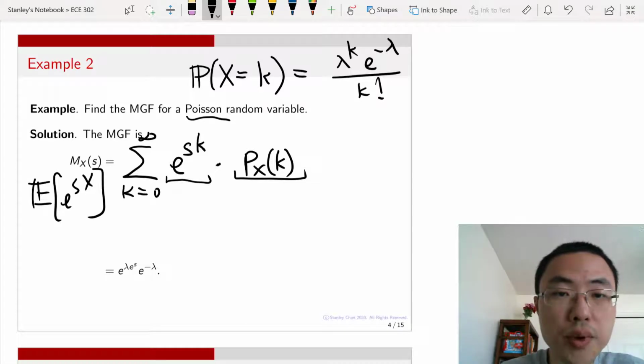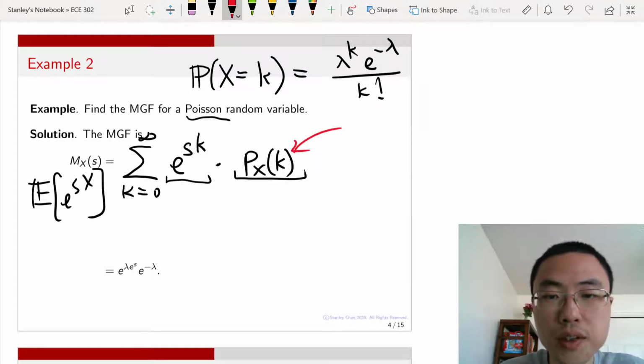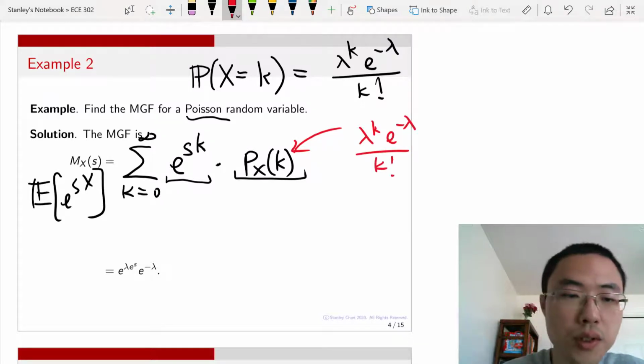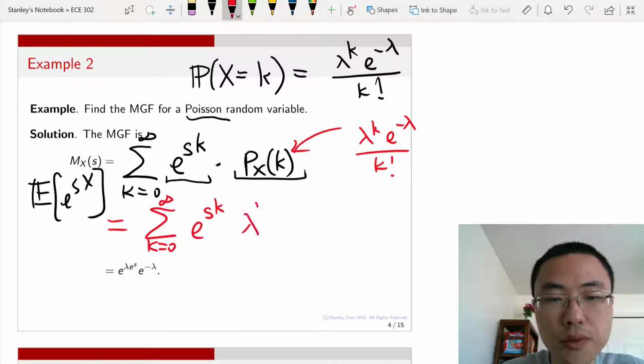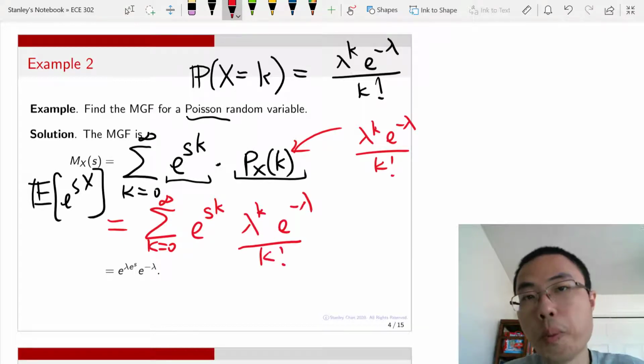So what is this PMF? This PMF is lambda to the power k, e to the minus lambda divided by k factorial, and so this entire summation is k going from 0 to infinity, e to the power sk, and then you have lambda to the power k, e to the minus lambda divided by k factorial.